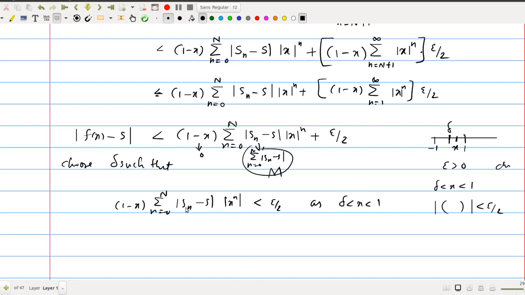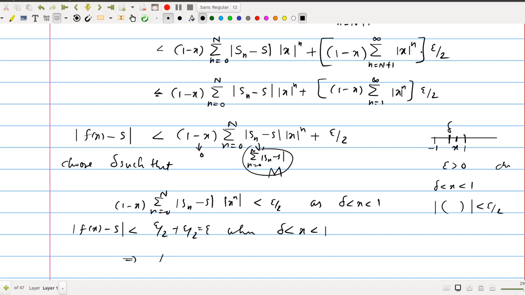This is possible because this whole quantity tends to 0 as x tends to 1. Now, for the same delta, |f of x minus s| is less than epsilon by 2 plus epsilon by 2 whenever delta is less than x less than 1. So this is nothing but epsilon.